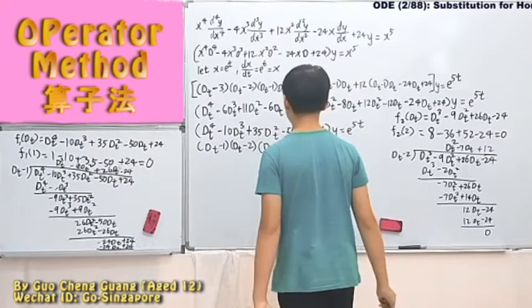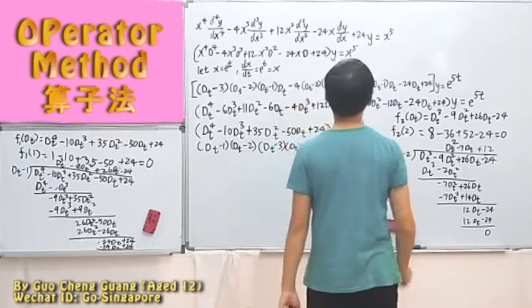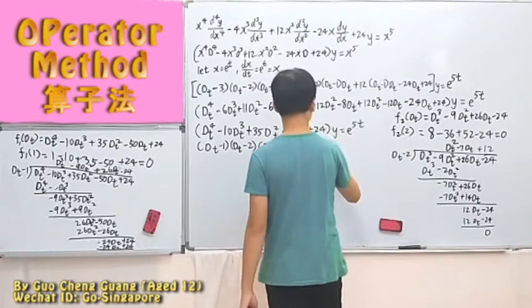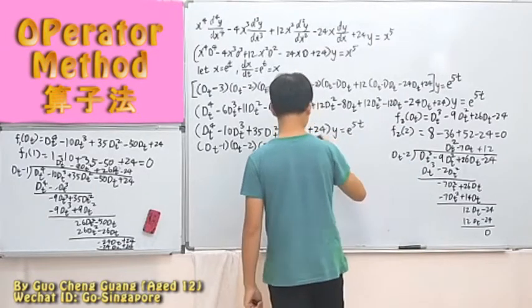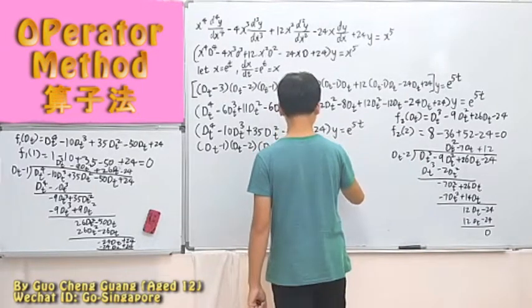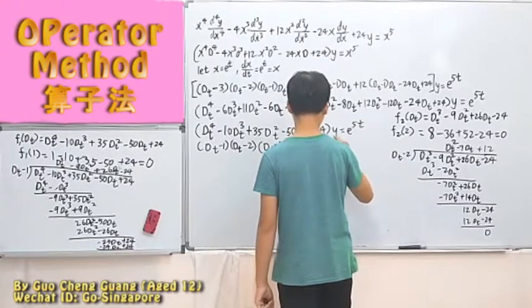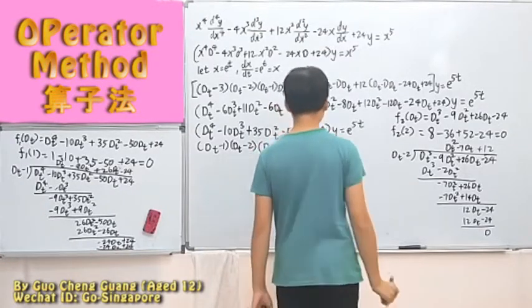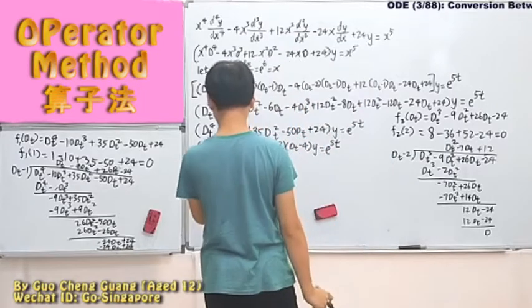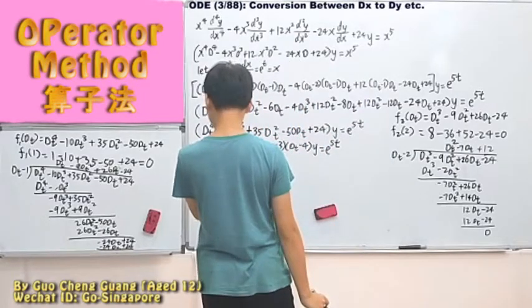Then after that, in the next part, you will use. Wait, this is not one part. You get e to the power of 5t. Okay, so that's what you have here.